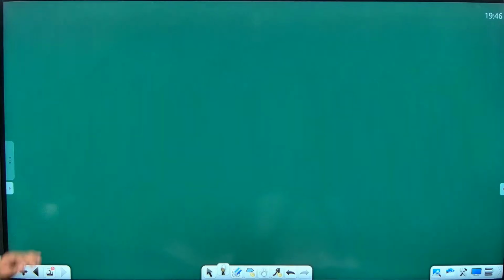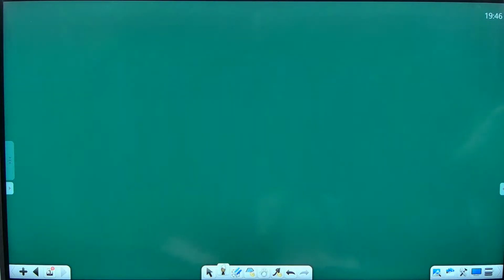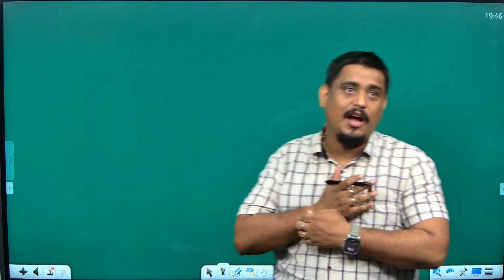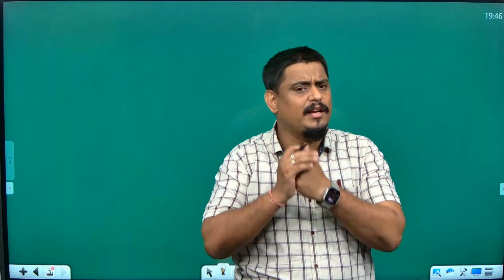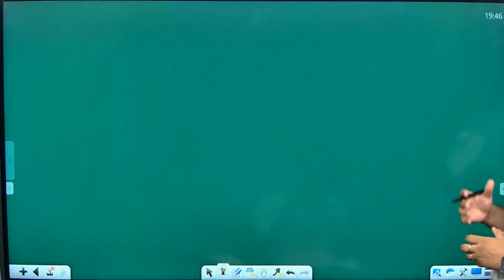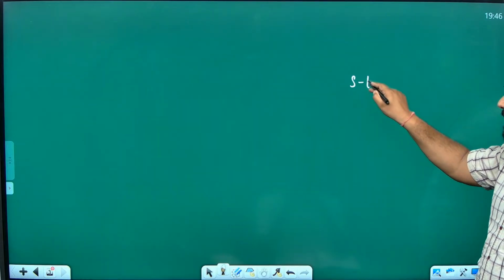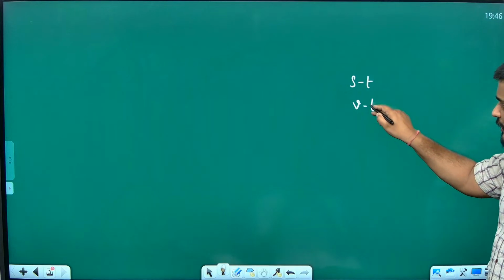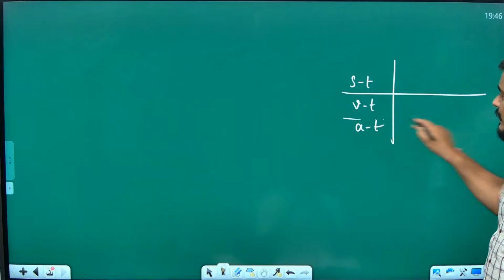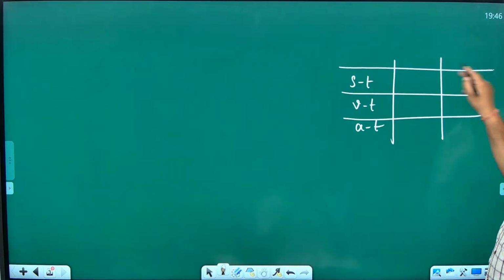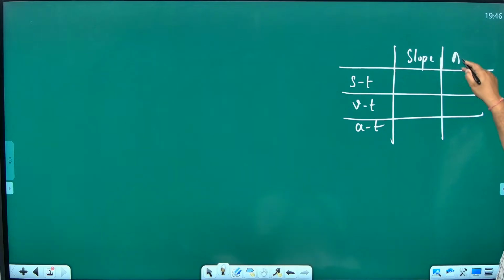Yeah. Now, after you have learnt how to find the slope of any graph and the area under any graph, I can comfortably tell you what it gives you. I told you three kinds of graph: displacement time graph, velocity time graph, acceleration time graph. In all these three graphs, I said two parameters: one is slope, another is area under the graph.